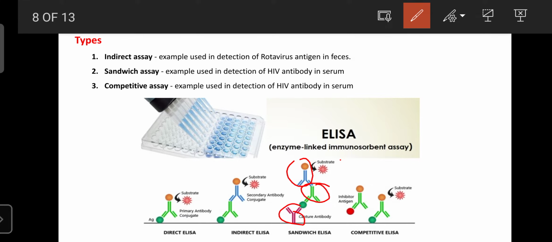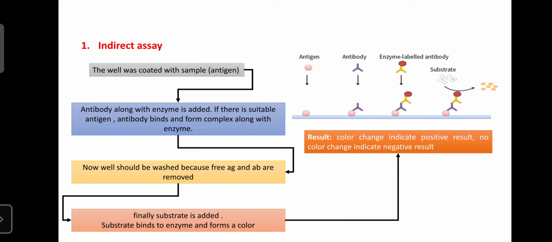Now we can discuss them one by one, starting with the indirect assay. The indirect assay is one type of ELISA, or enzyme-linked assay. First, the well: on the agarose gel plate we can make a small hole to keep our targeting molecule or patient serum, and that is known as the well.